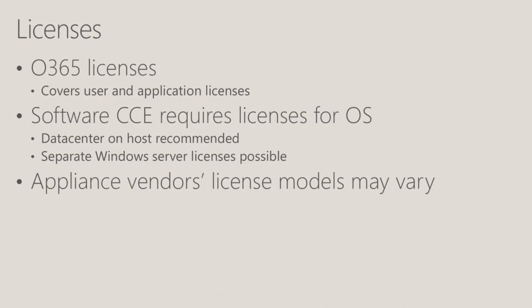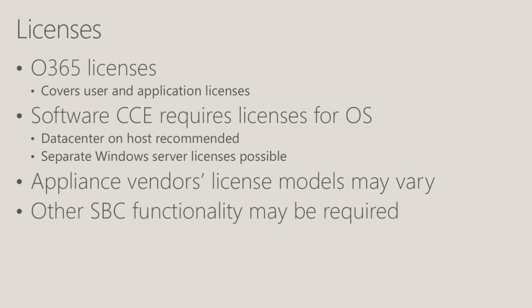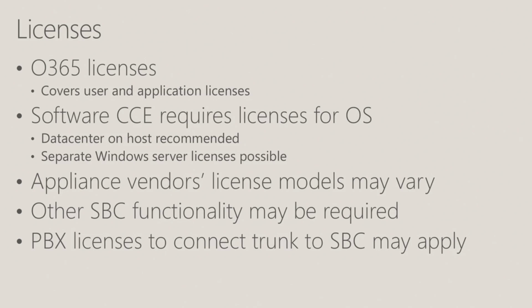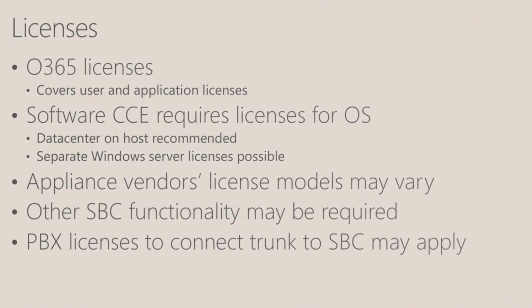If you buy this as an appliance, the licenses come with the unit, perpetual licensing, it's called. Difficult word for a non-native English speaker like me. Other SBC functionality that you require may or may not need additional licenses for the SBC functions. And some of the PBX vendors also require a license on the PBX you want to connect the SIP trunk to. Just saying so you're aware of that.